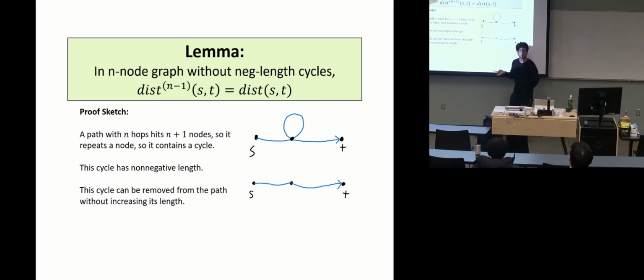But we assume that there is no negative length cycle, so we could have removed that and gotten a path with fewer hops. So as long as your hop count is more than n-1, there is another path that is at least as good in length as the previous one, but has fewer hops. That's why you can assume that any shortest path has at most n-1 hops. So it's enough to compute this thing if you want the real distance.